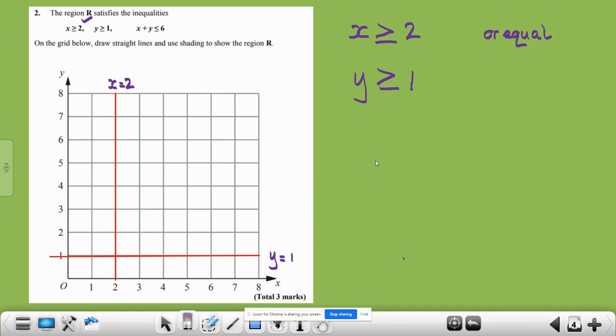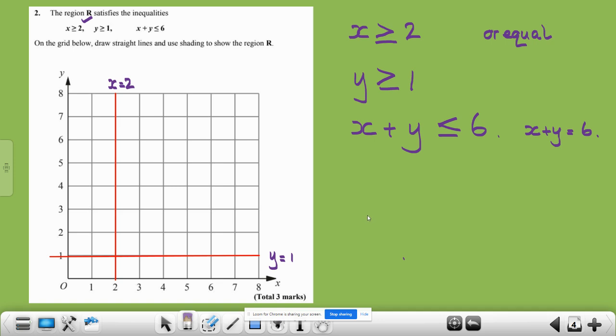But we've got a third one to include. So let's look at that. We've got x plus y is less than or equal to 6. And again, we've got to find this line where x plus y equals 6. And it is included, so we're going to again draw it in a thick solid line rather than dotted. And here we're going to pick 2 coordinates.